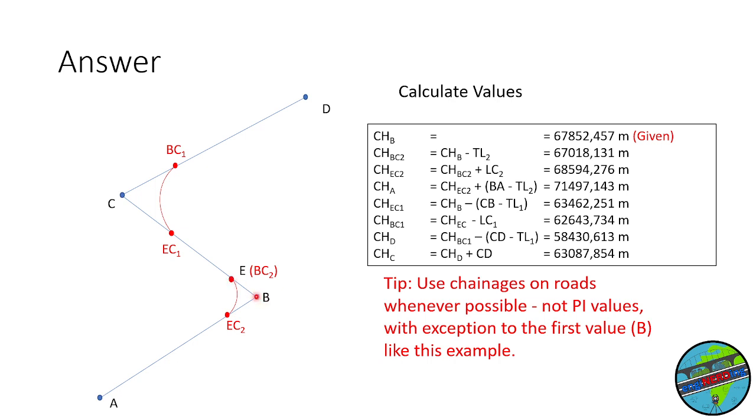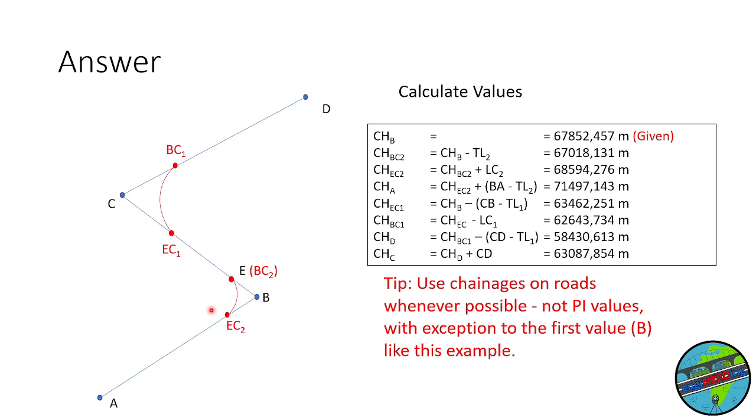The only exception is if a PI is given at the chainage. But because B and C are PIs, they are not actually values on your road, so you must please remember that they're not actually on the road, so this having a chainage is just an extension from this straight line here.